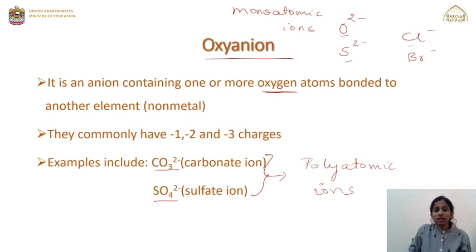That is, it is an anion containing one or more oxygen atoms bonded to another element, and that other element will be a nonmetal. So any polyatomic anion containing oxygen comes under oxyanion. So the general charges are -1, -2 and -3.